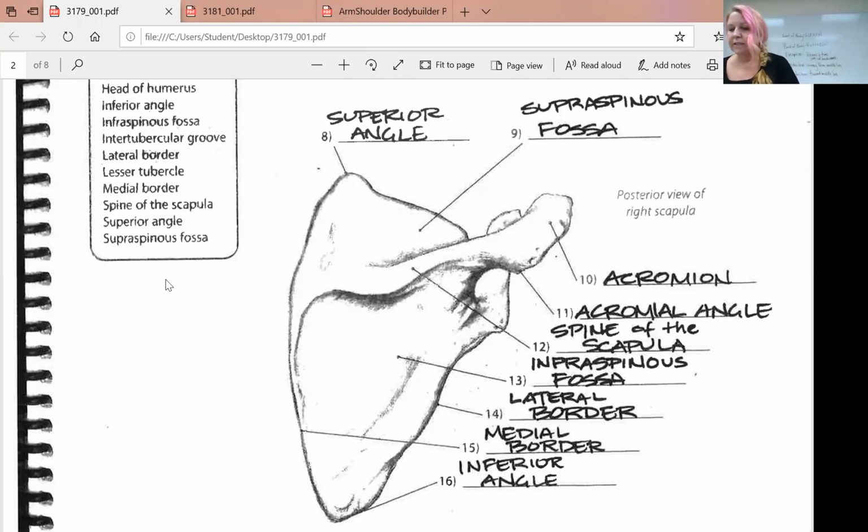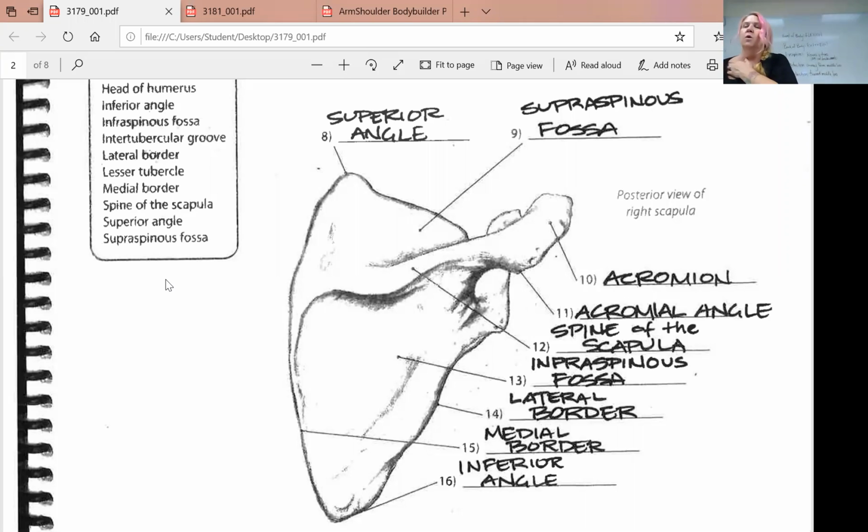As we come around, we see, sorry, I want to flip my page. We see the acromion. We're looking at it posteriorly now. The acromion that comes around towards the front. And actually, if you bring your hand onto the clavicle and you slide your fingers out to where the acromion articulates with that clavicle, you can kind of feel where it indents in, and it can be quite tender when you do that.